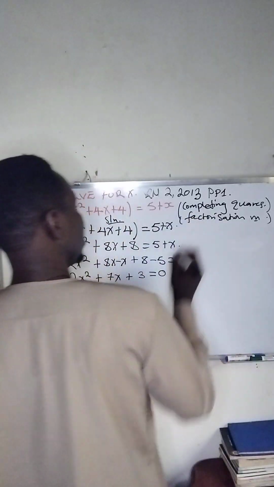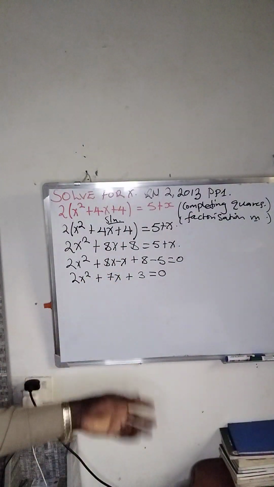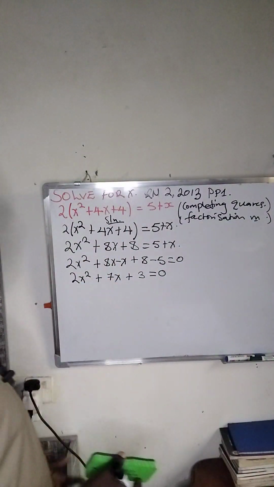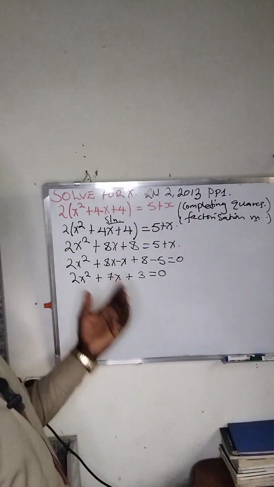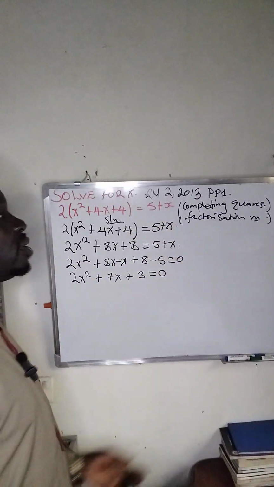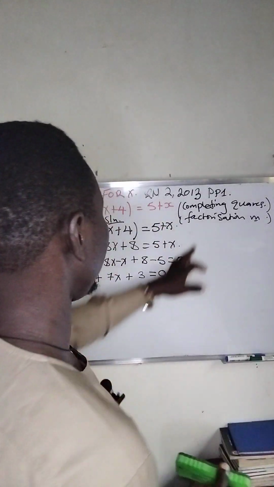Are we there? These are the two methods we can use, or we can use a graphical method, but as for now, let us just choose one, or in the next video I'll be giving you another arrangement where we also use factorization.